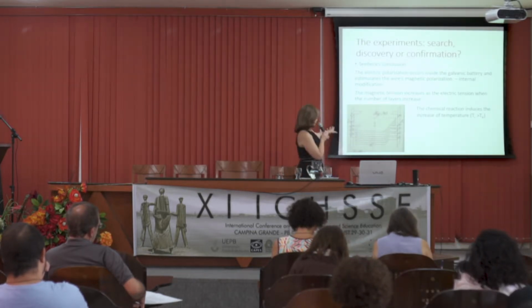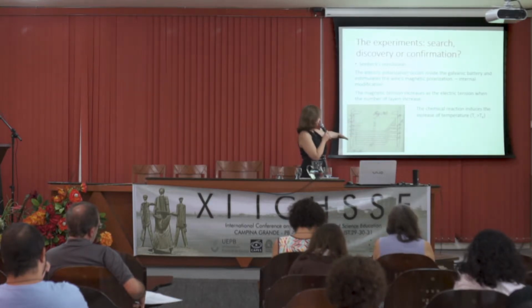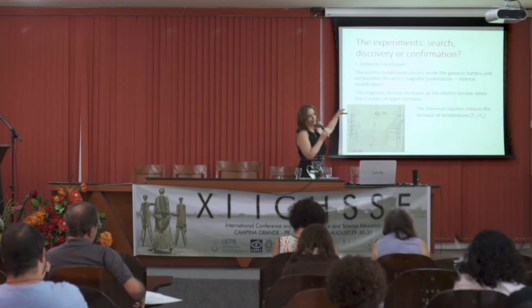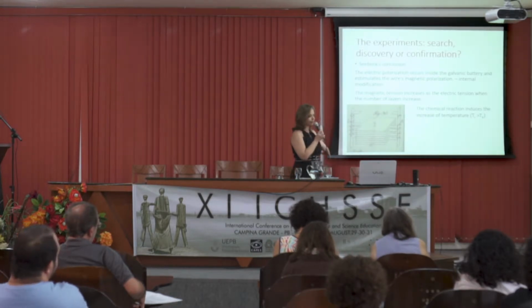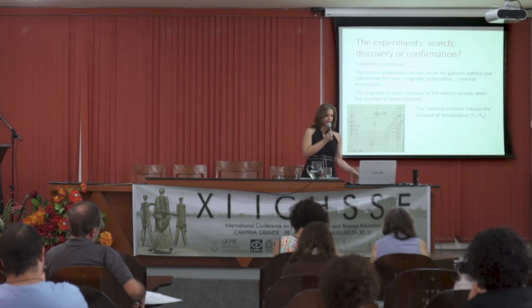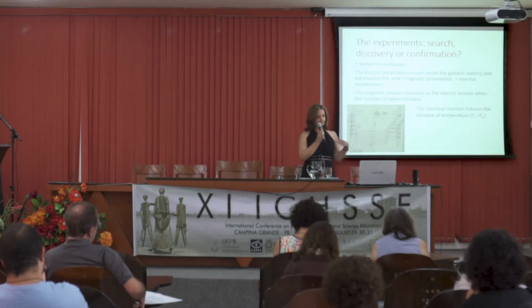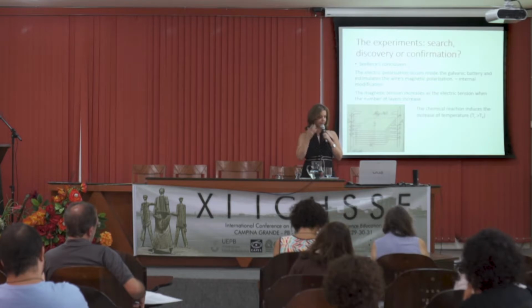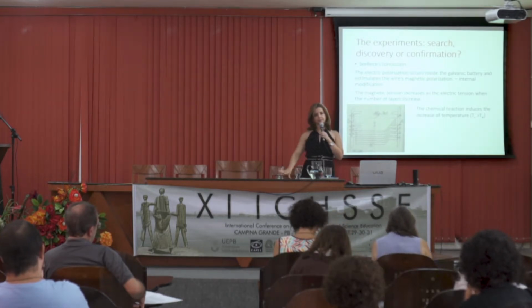So the temperature in this part is zinc, copper, and layers of copper, zinc, and paper, homemade paper, and he noted that the temperature of zinc increased. And he asked himself if there was some relation between this chemical reaction, electricity, and also magnetism.